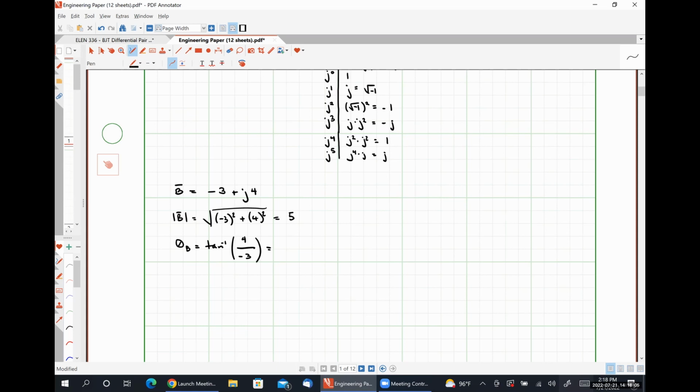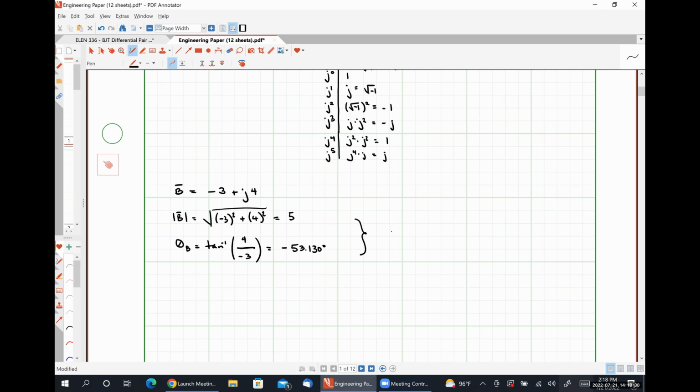And if I throw this into a calculator, give me just a moment to do this. I get -53.130 degrees.